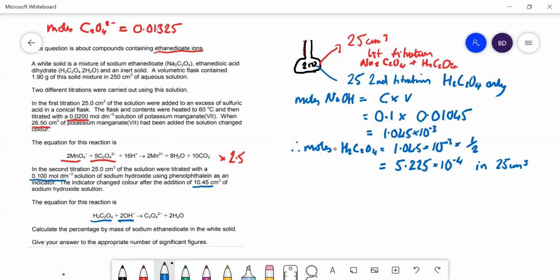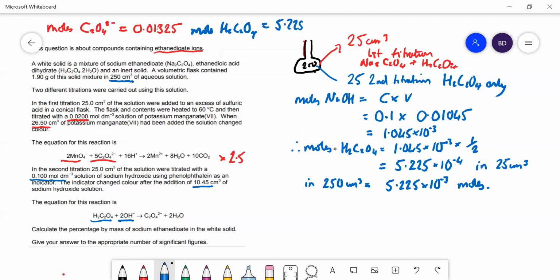But we had a volumetric flask of 250, so we've got to times that by 10. So in 250, it's 5.225 times 10 to the minus 3 moles. Let's write that up here: moles H2C2O4 is equal to 5.225 times 10 to the minus 3.